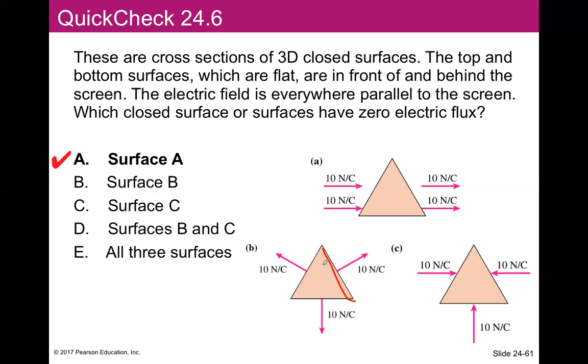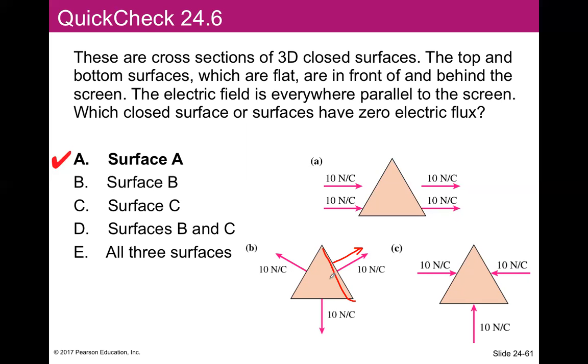So in this case, at this surface, the direction is in this direction. It's the same direction as the electric field line. Then if you calculate the flux on this surface, is it positive or negative?